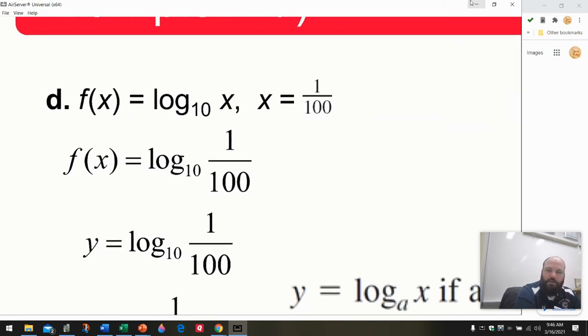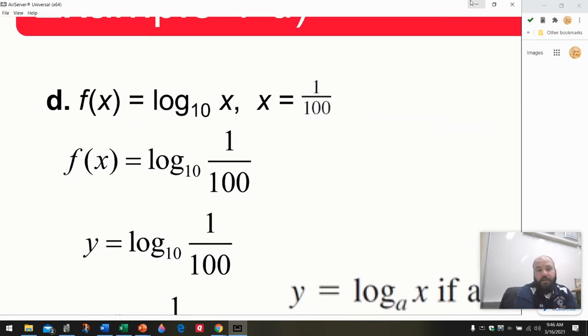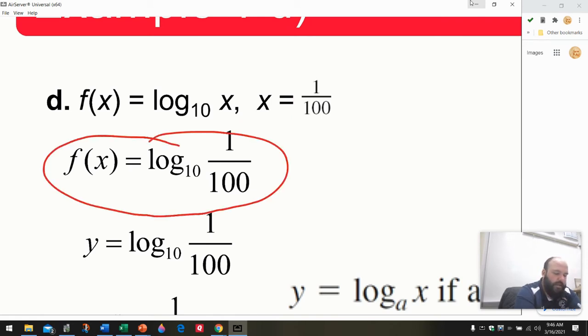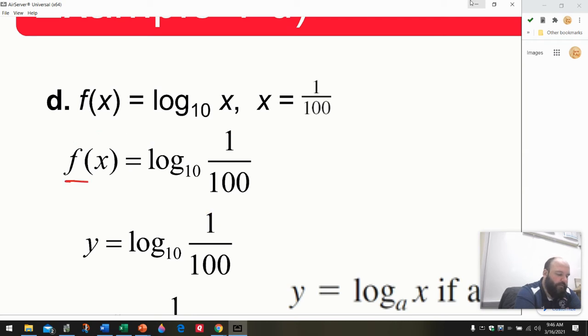Now, the last one I'm going to show you, I think, is a little trickier than the other ones. And it has to do with the exponent that we end up with. So once again, we start with a function. This time we have f of x equals log base 10 of x. And our x that we're substituting is 1 over 100. So substitute that in. Change f of x into y, just for ease of working with this equation.